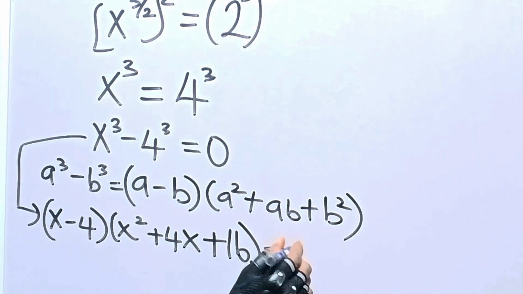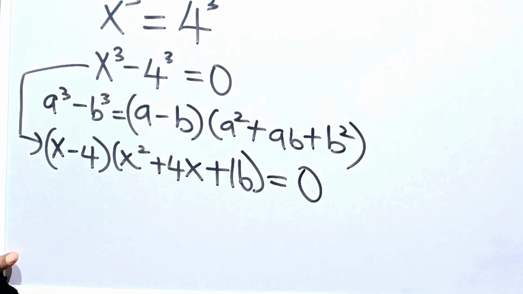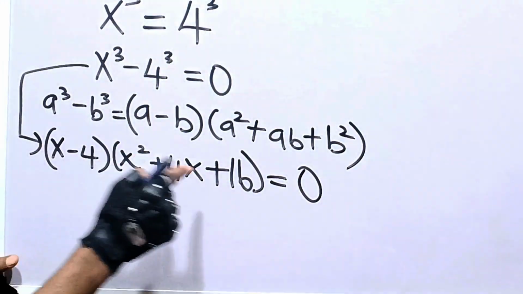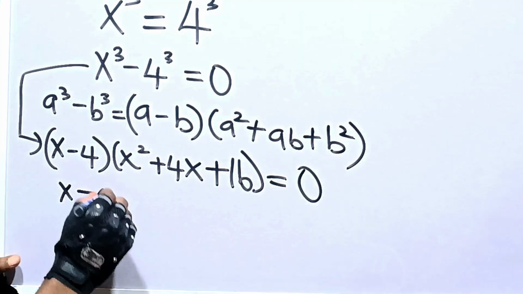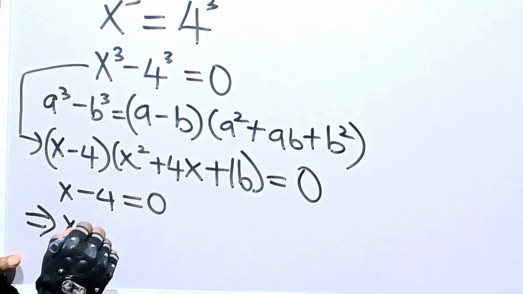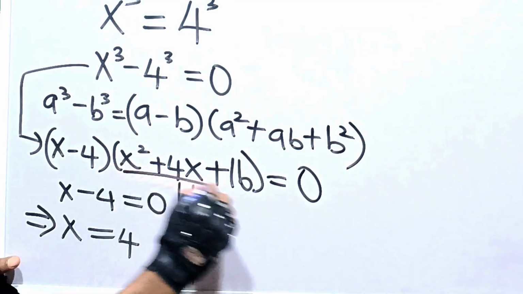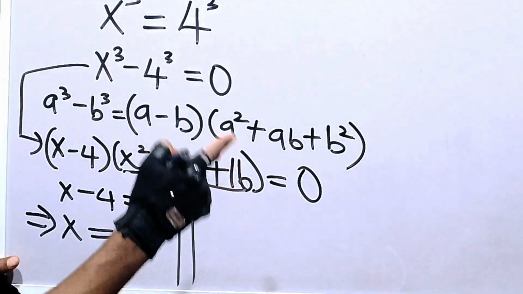Now, the product of two things is equal to 0, so it's either the first one is equal to 0 or the second one is equal to 0. So either x minus 4 is equal to 0, which implies that x is equal to 4, or the second part, x squared plus 4x plus 16, is equal to 0.